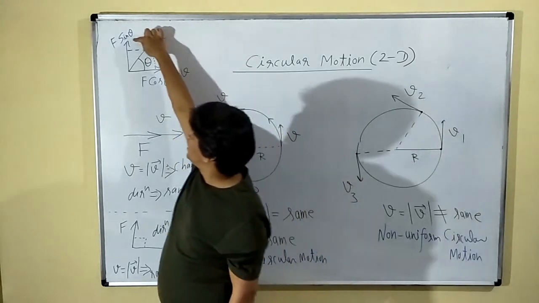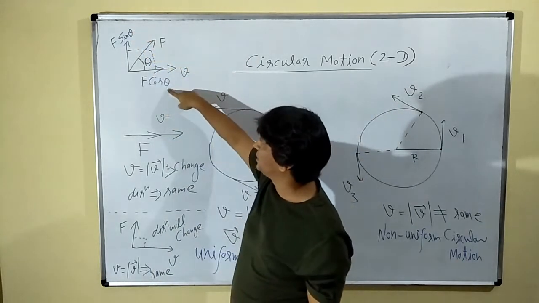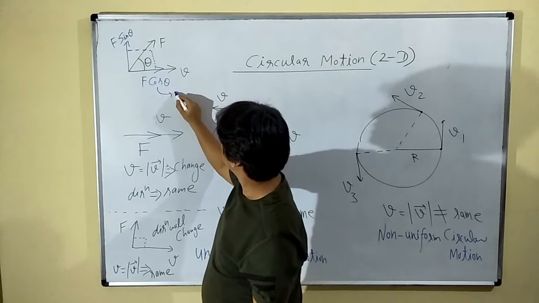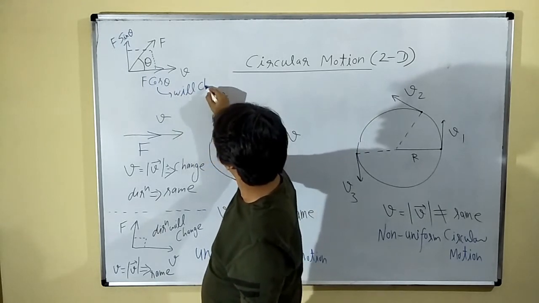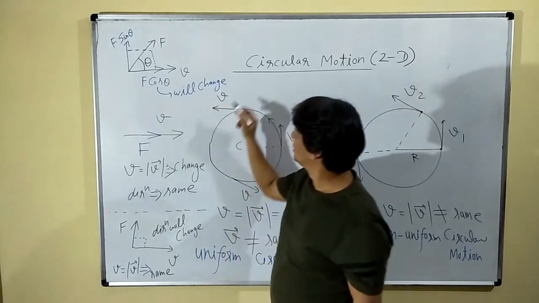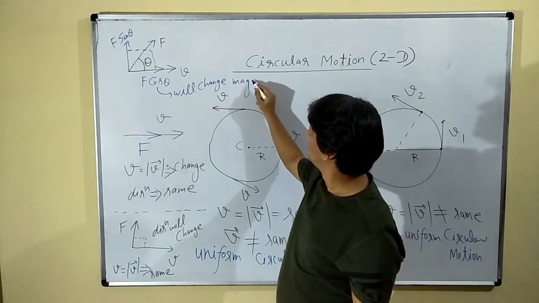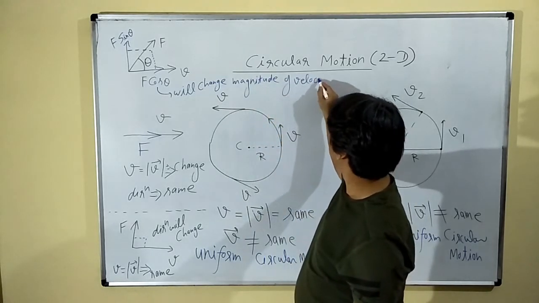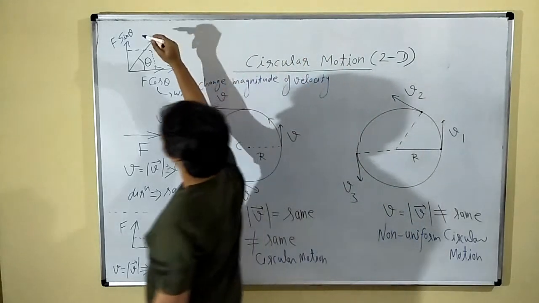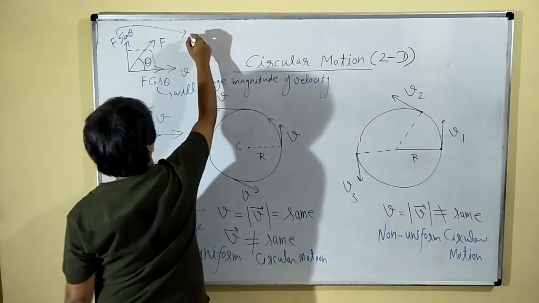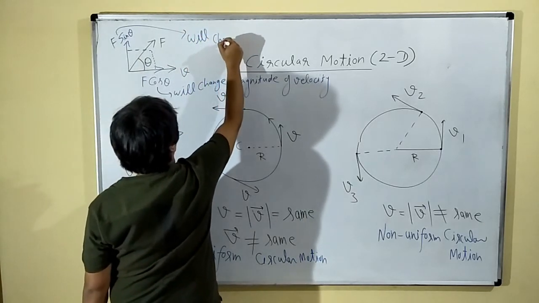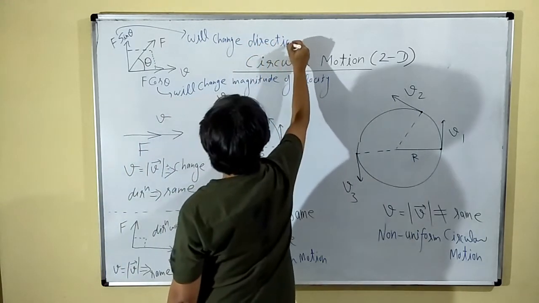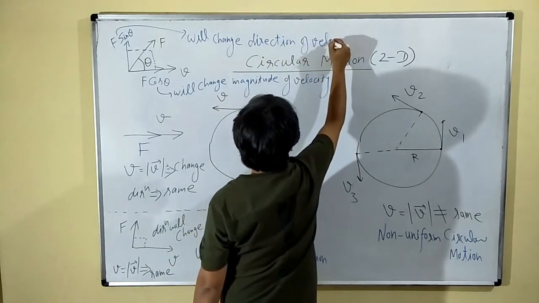Direction. This F sin theta is going to change direction. This F cos theta is going to change magnitude of velocity.